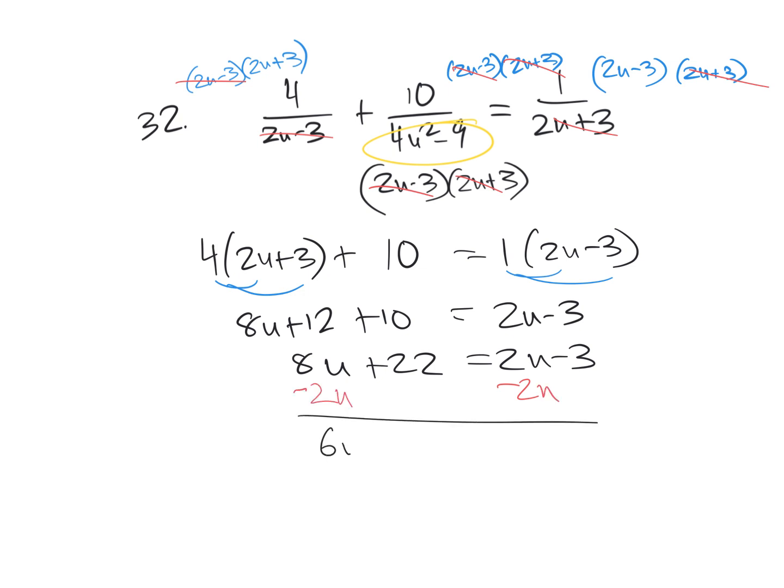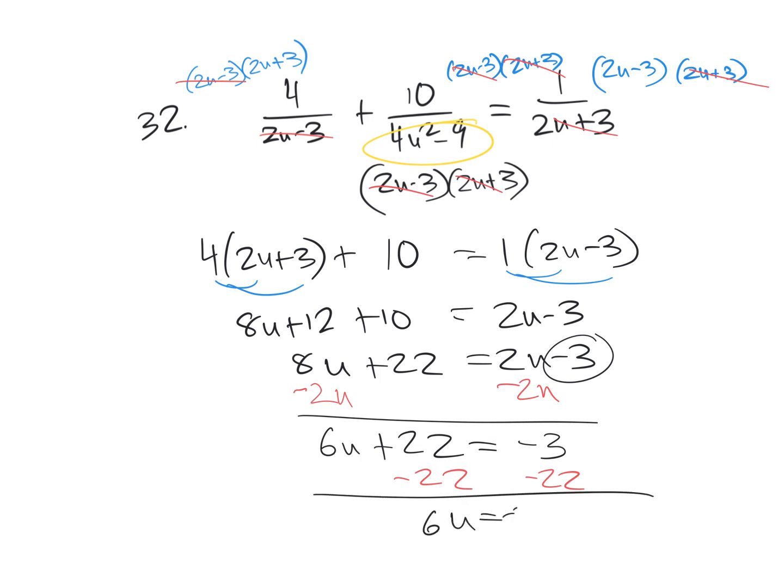And I get 6u plus 22. Don't drop the minus sign, please. And now we're going to subtract 22. And we get 6u equals negative 25. Divide off the 6. And u equals negative 25/6.